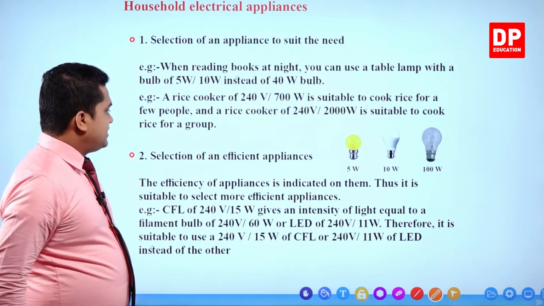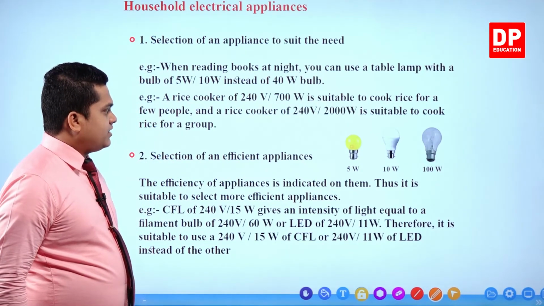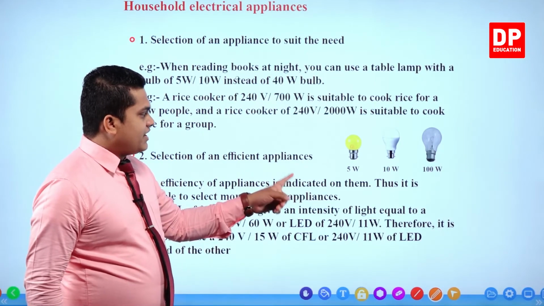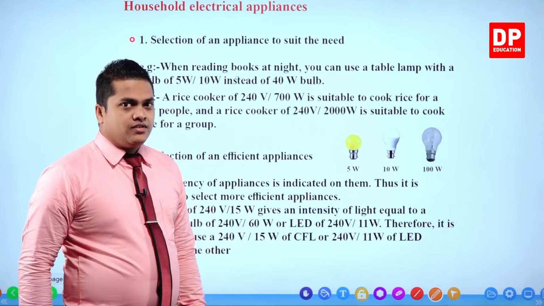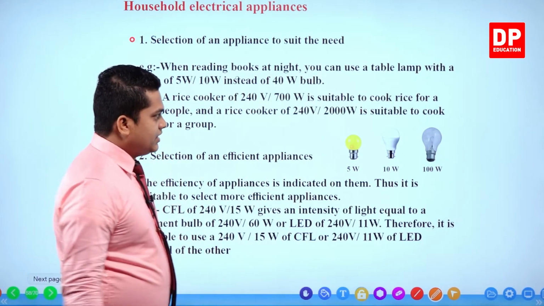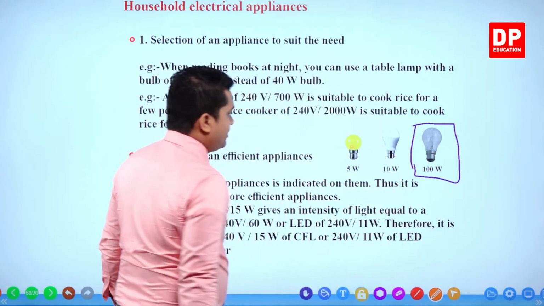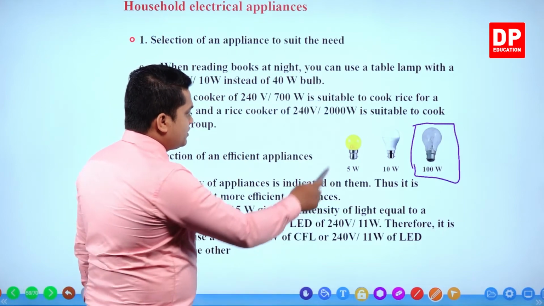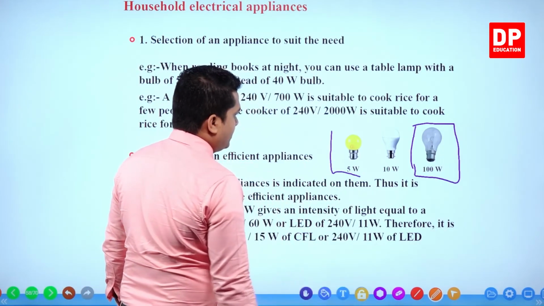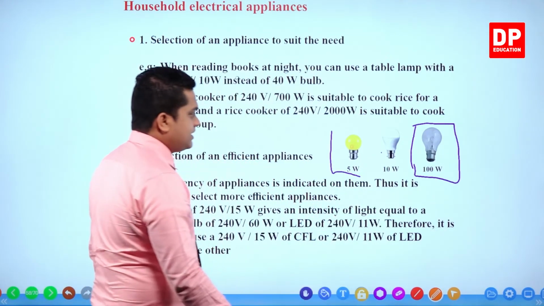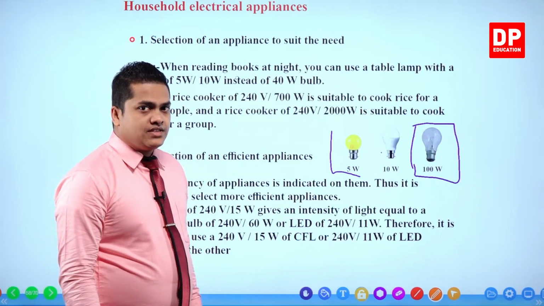Next one, selection of efficient appliances. Here 5 watt, 10 watt, and 100 watt bulbs can be observed. This one is a filament bulb, 100 watt filament. This is also a filament bulb, 5 watt. This one, my dear children, is an LED bulb.